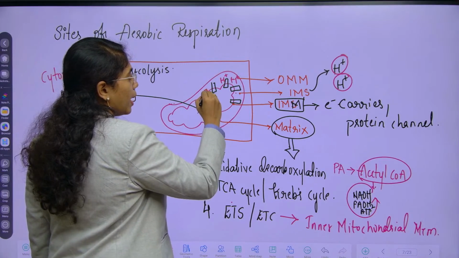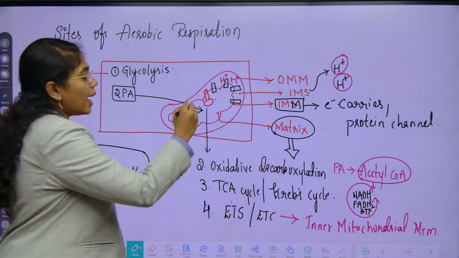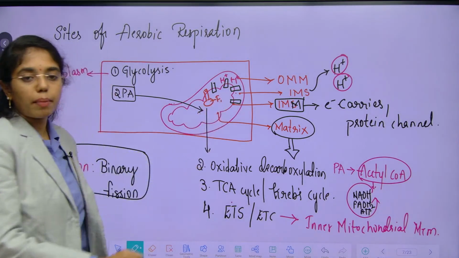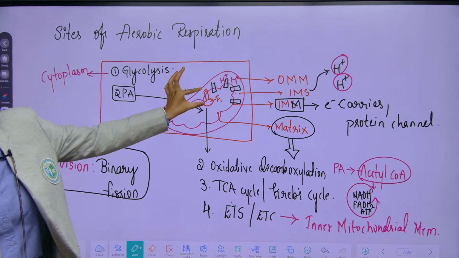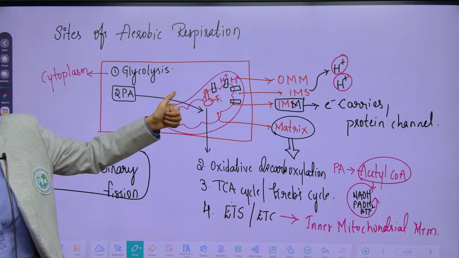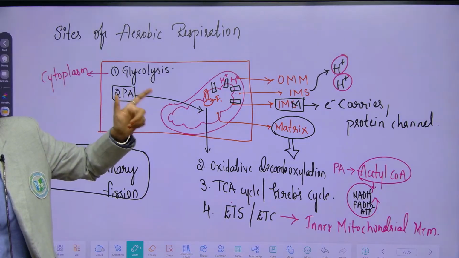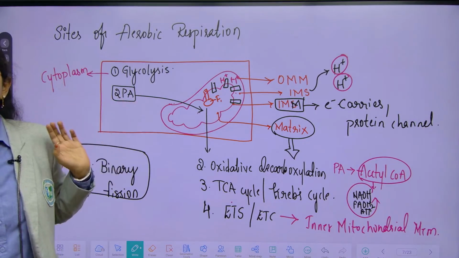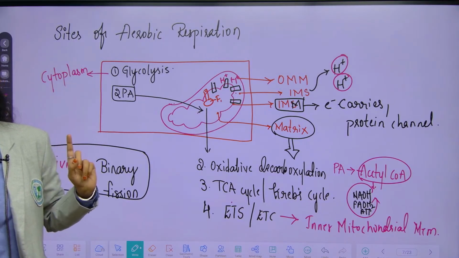Okay, wherein F0 is embedded inside the inner mitochondrial membrane, F1 is projected towards the mitochondrial matrix. This projection is very important now, because this F0F1 complex will be different in chloroplast and mitochondria. On a comparative analysis, it might be diagram based, statement based, any way the question can be formed. Okay, F0F1 complex location you have to remember.